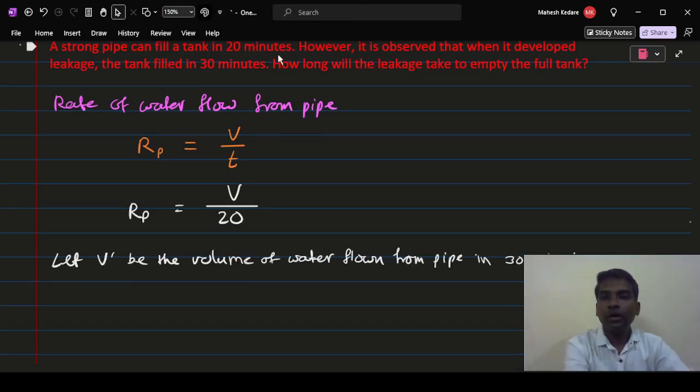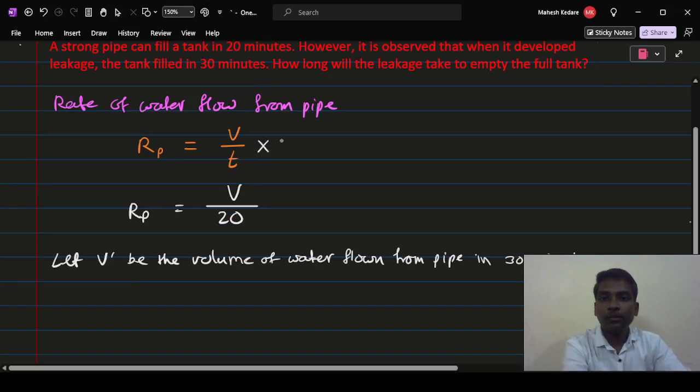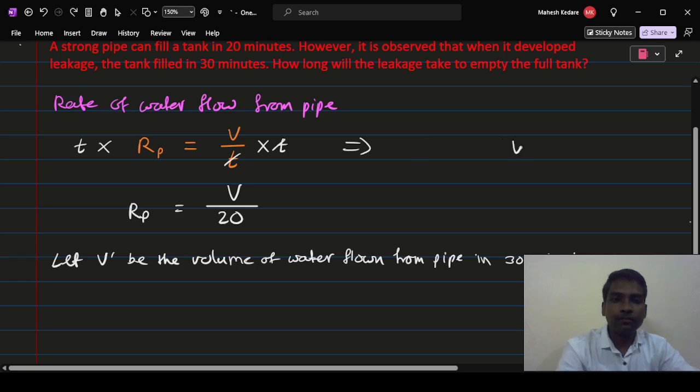In this first formula, if we multiply both sides by time, then time gets cancelled and we get volume on one side and time multiplied by Rp on the other side.